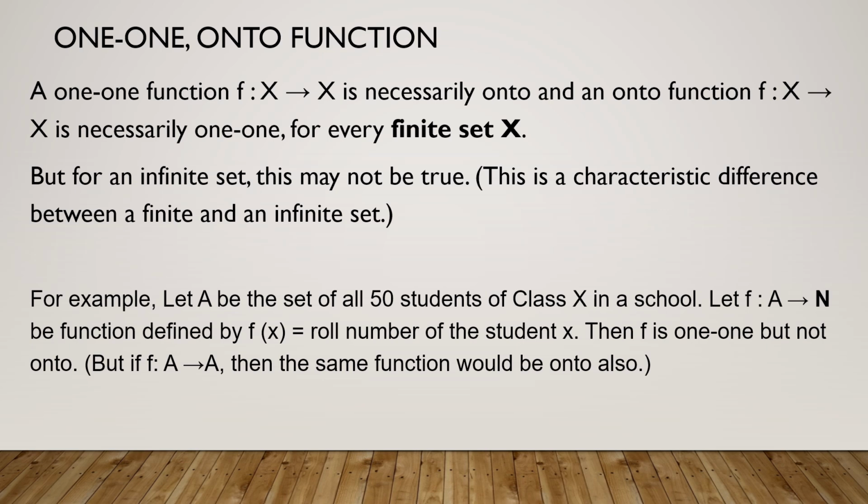But suppose I had taken the function f from A to A itself, that means I have 50 students and in the range also I have numbers only 1 to 50. Then in that case, the same function would prove to be onto. So what does that mean? If I have a finite set, then if it is 1-1, it is onto, and if it is onto, it is 1-1. But for an infinite set, this might not always be true.